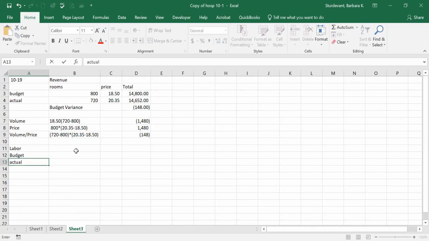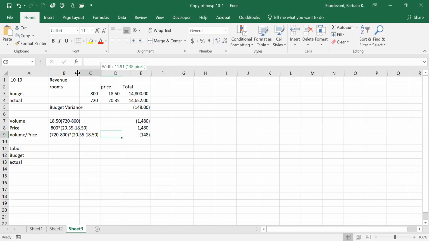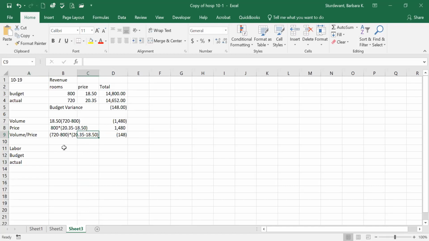But now we're dealing with hours and hourly rate. So they tell us that we are budgeted for 400 hours. Actual hours were 380. Oh, so it came in good there.